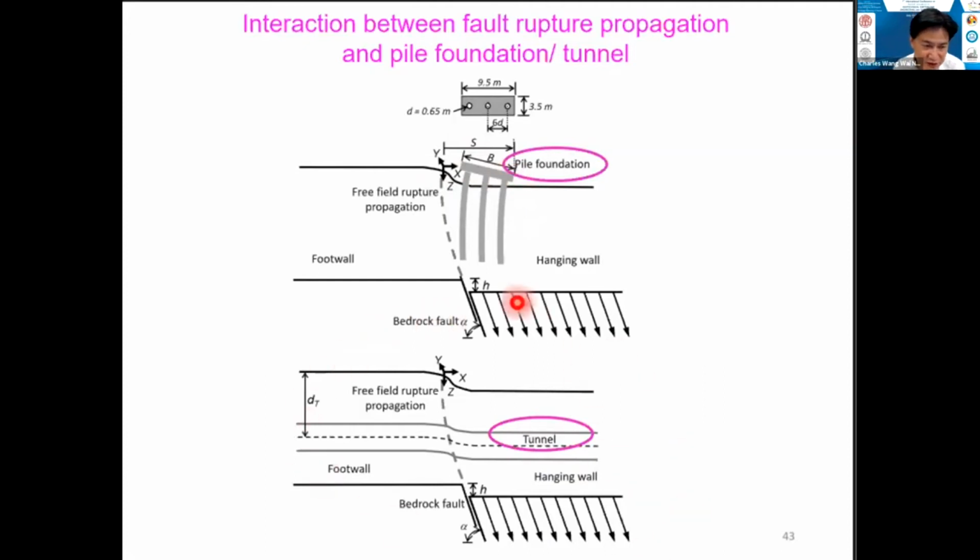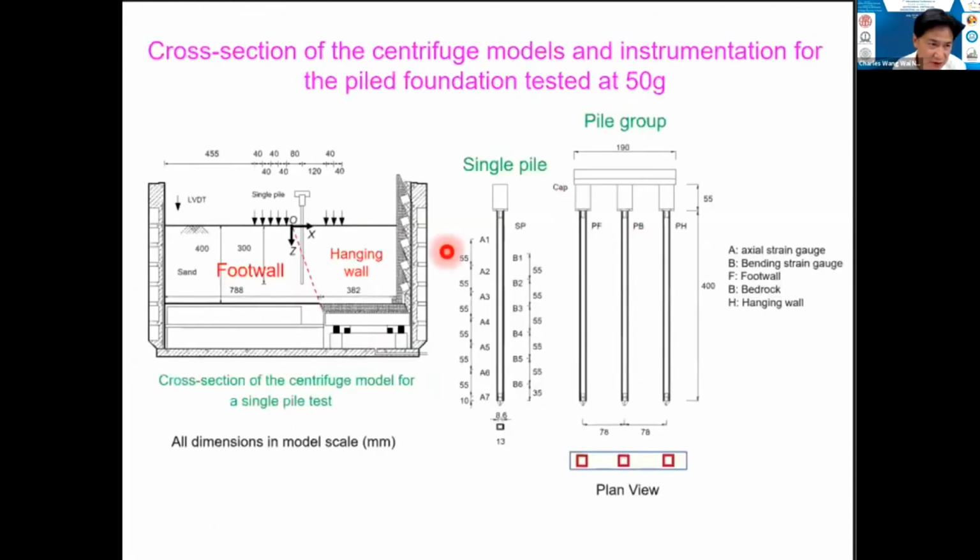As I mentioned right at the beginning, I will not discuss anything about tunneling in this presentation due to time constraints. What you are seeing here on the left is our model container, in which a single pile is installed.